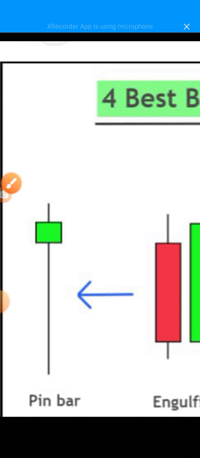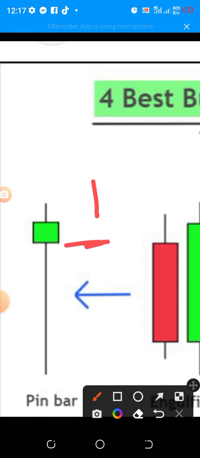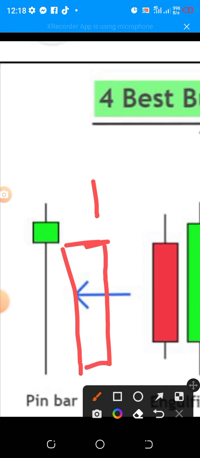What's a pin bar? It's a candle with a wick. It starts by forming a wick. So this is the open. When it opened, the seller took over, and after taking over, this is where the price stopped.